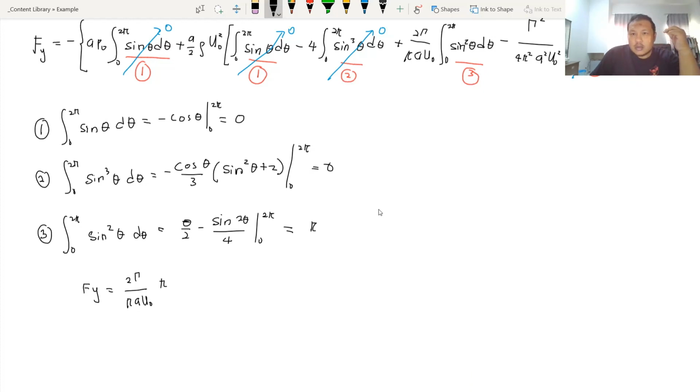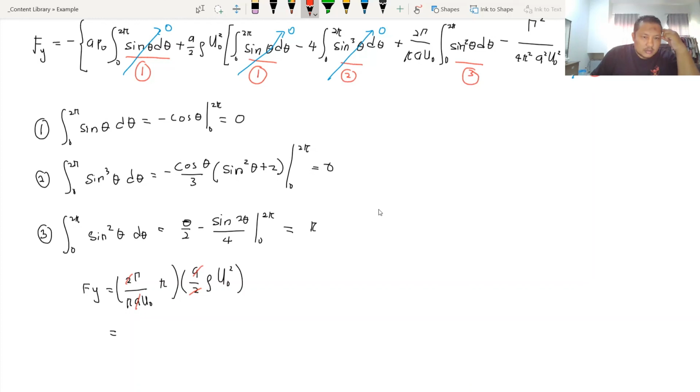In all these equations, actually, we need to multiply by this. If you look at this bracket, we need to multiply by this. So the whole equation here, we need to multiply by a over 2 rho u naught. So in these equations, we can cancel out this a here. This one also we can cancel out.